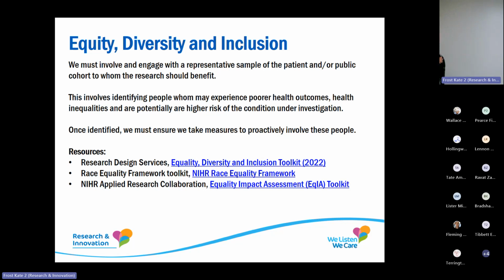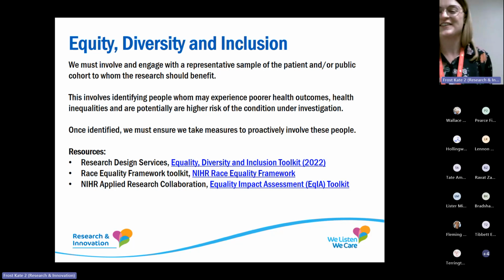We know that people who live in the most socially and economically deprived areas in Nottinghamshire may have a poorer diet, and therefore potentially higher GI issues. How can I ensure that we're proactively involving them in this study, and how is that going to translate into proactively ensuring they can be recruited into this study, as an example?